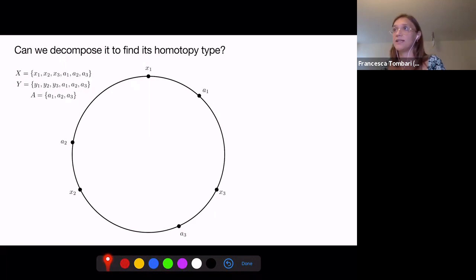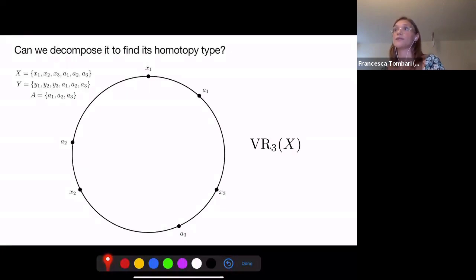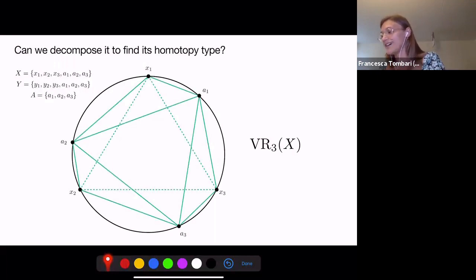Since I'm interested in understanding the homotopy type of the Vietoris-Rips complex at scale 3, I will consider the Vietoris-Rips complex of X, for example, so of one piece, at the same scale 3. If I didn't do an awful picture, it might even be clear by eye that this thing that I obtained is homotopically equivalent to S2.